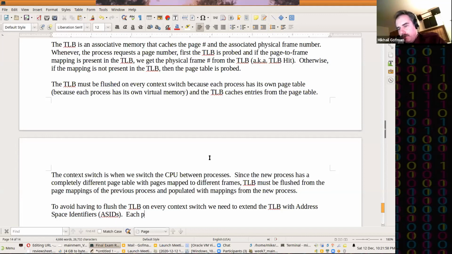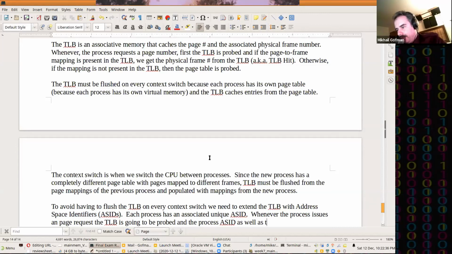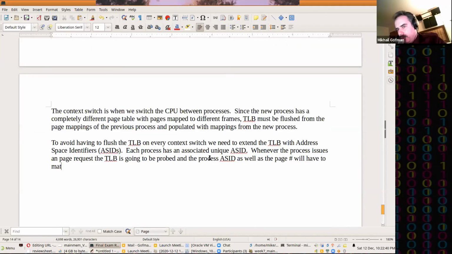So each process has an associated unique ASID. So whenever the process issues a page request, the TLB is going to be probed, and the process ASID, as well as the page number, will have to match in order to have a TLB hit.